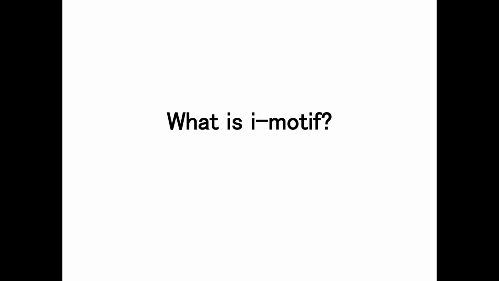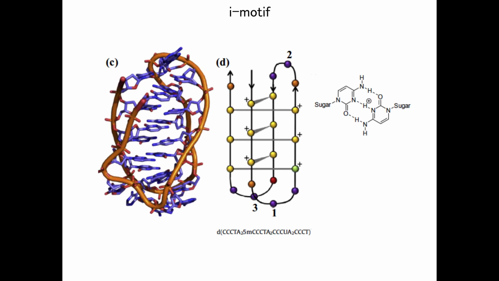And the last one is the i-motif. The i-motif is formed at the C-rich region. This is a structure of base pairing of the CC site. The cytosine can bind to the cytosine by hydrogen bonding.